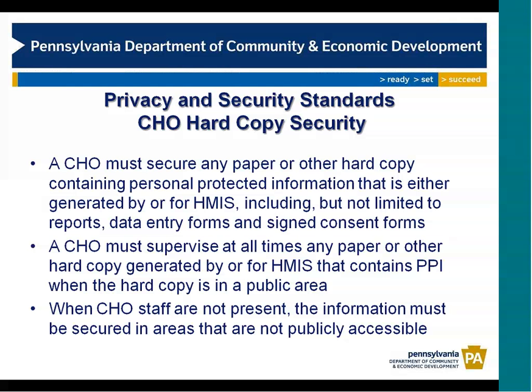Now, any hard copy forms used by the CHO or agency, such as the client intake, eligibility determination, services provided forms, even just general registration forms, must be kept in secure locations and can only be accessible to authorized agency personnel at all times.